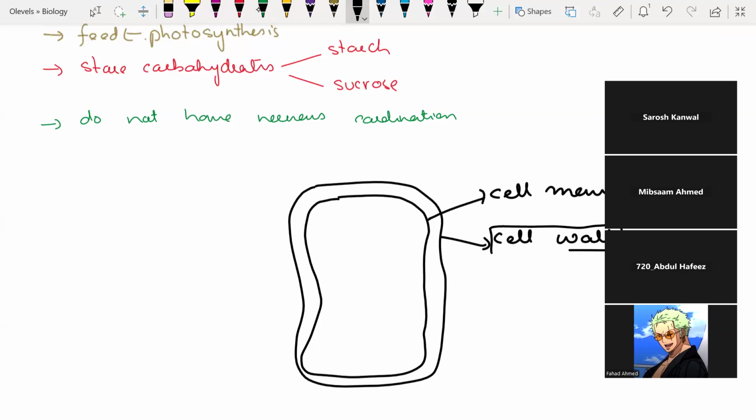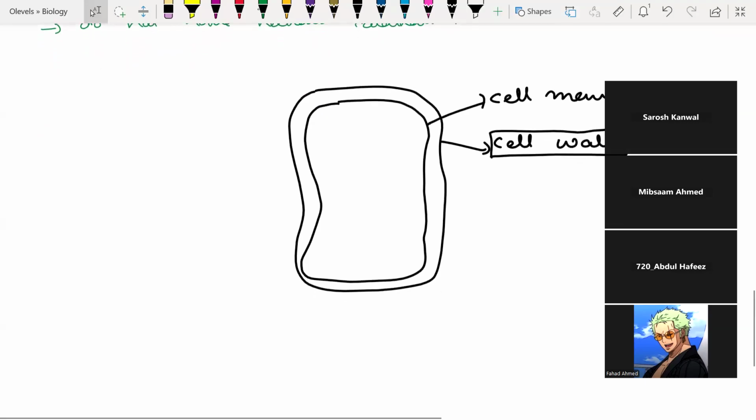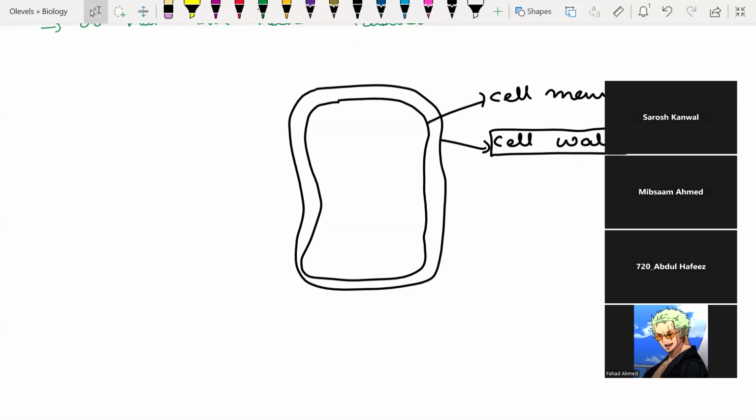So we knew what a cell membrane is. Its function is the same inside the plant cell as well. But now we have to see what the cell wall is. We know it is made up of cellulose, and its important function is that it gives extra support to the cell, right?